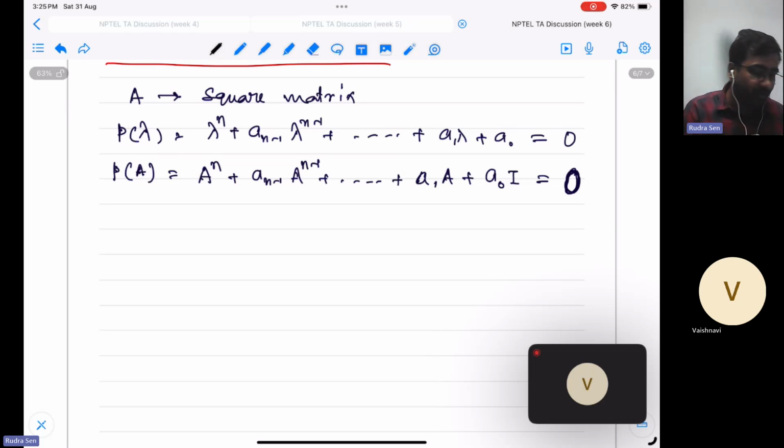So I'm doing this example on 2 cross 2 matrices.